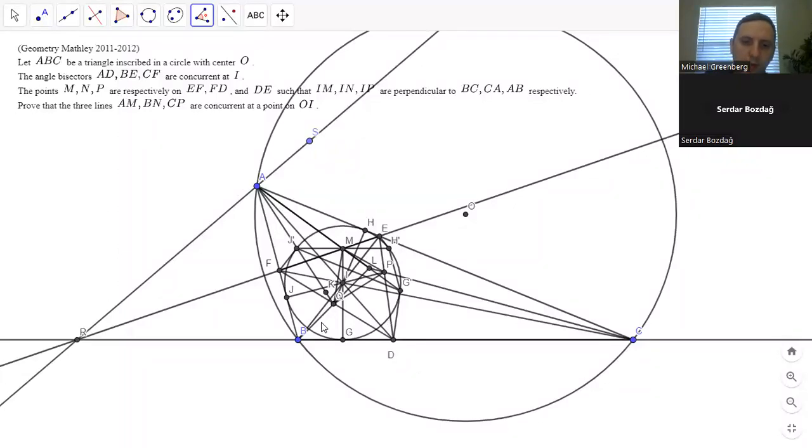So if you use the isogonal line lemma on AB, AG, AM, AE, then I think it solves the problem. Is that right?